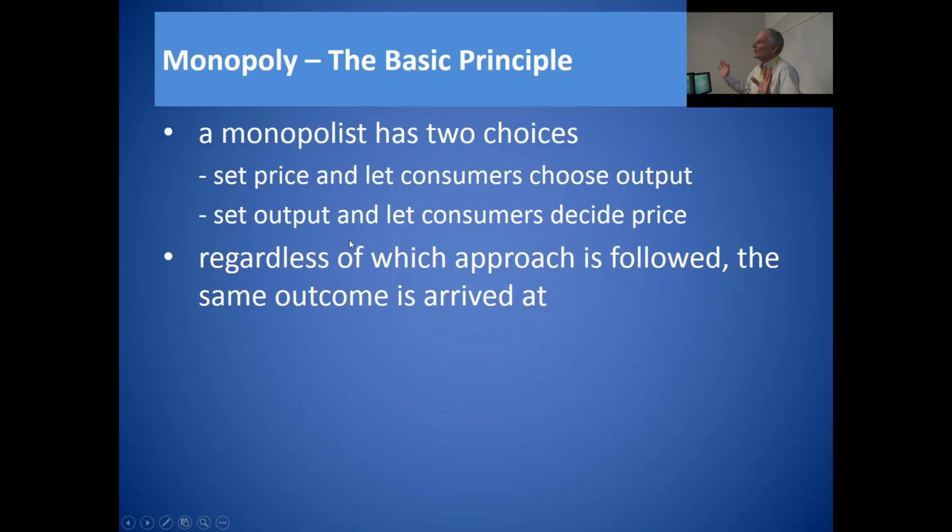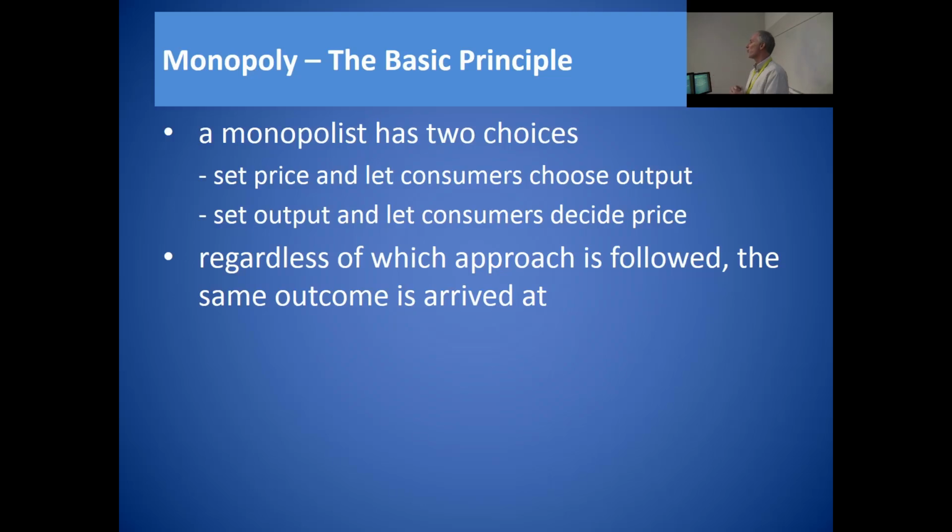Working through it, it's just easier to explain, and it's probably easier to understand as well if we think about the monopolist choosing the level of output and then letting the market choose the price. Even though, intuitively, choosing price would be the way to go, the outcomes are both exactly the same.